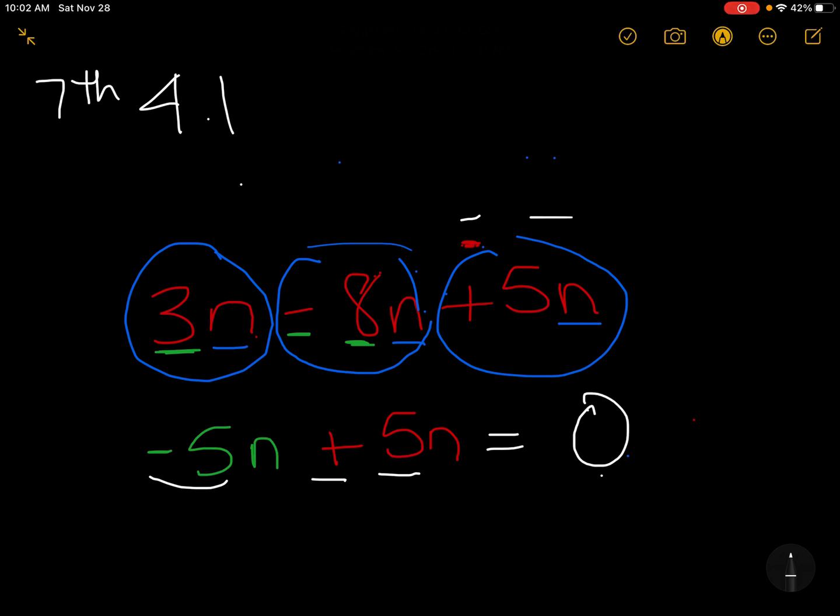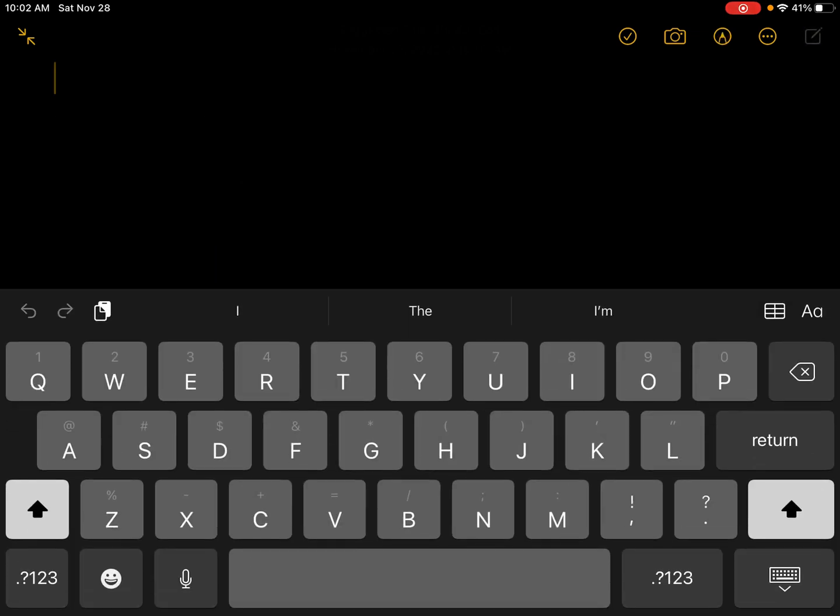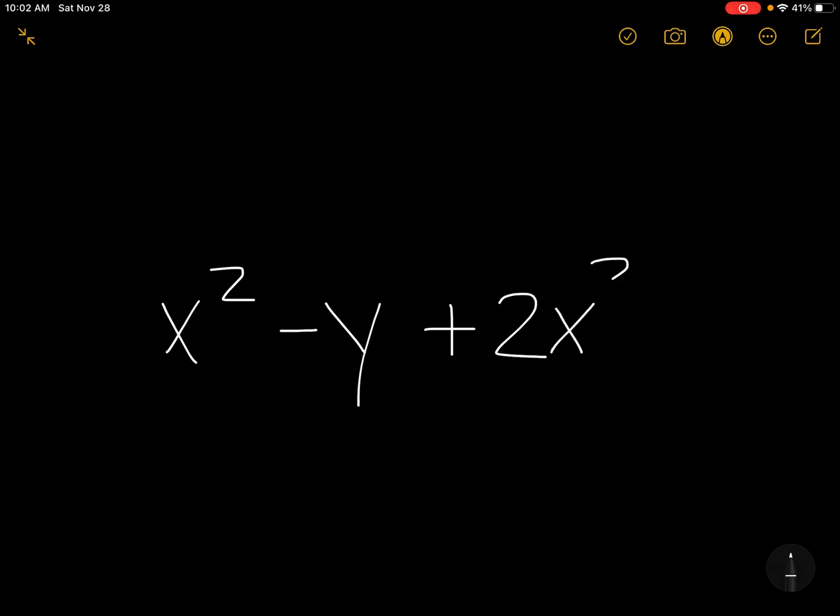Let's see that with something that is a little bit different. For instance, we are looking at maybe an x squared minus y plus 2x squared plus 3y.